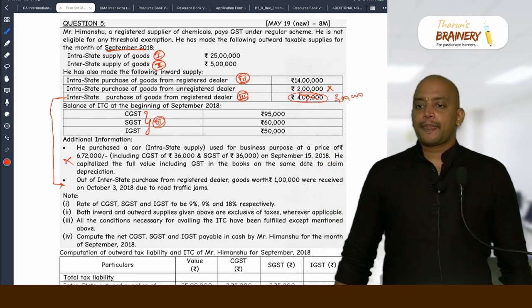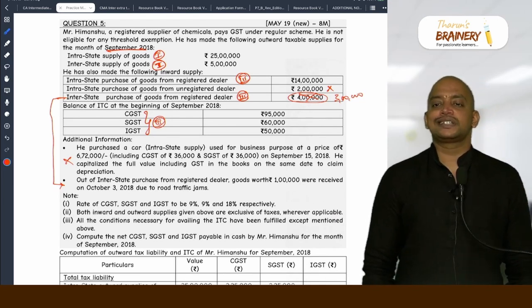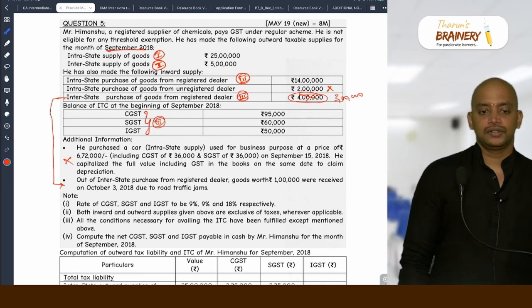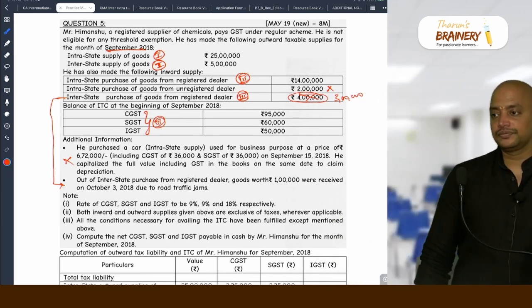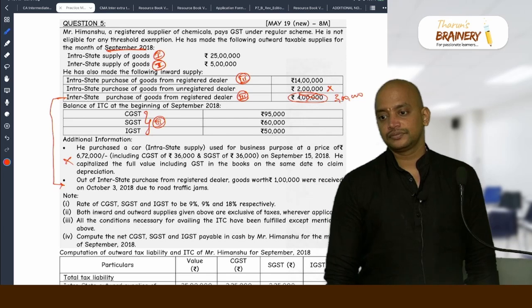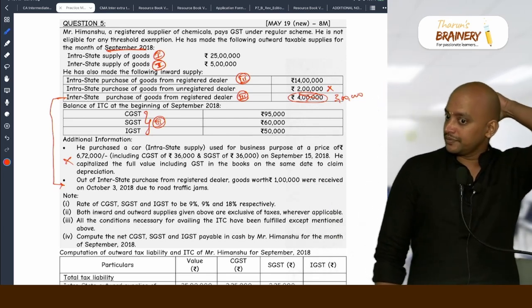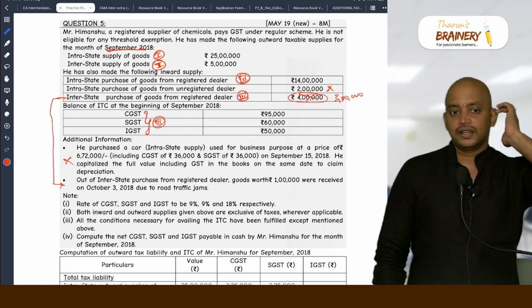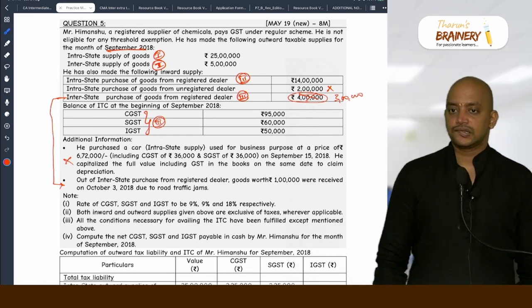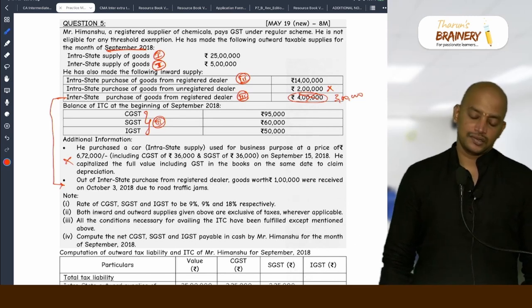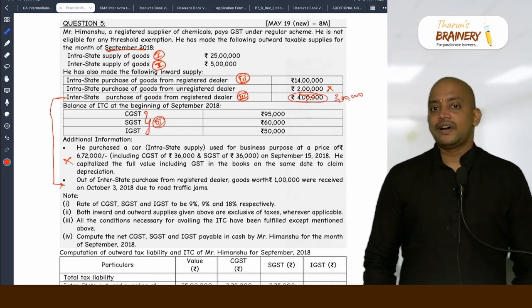So first, what will you do? The first statement is gross GST payable under FCM. Particulars, CGST, SGST, IGST, and value also.